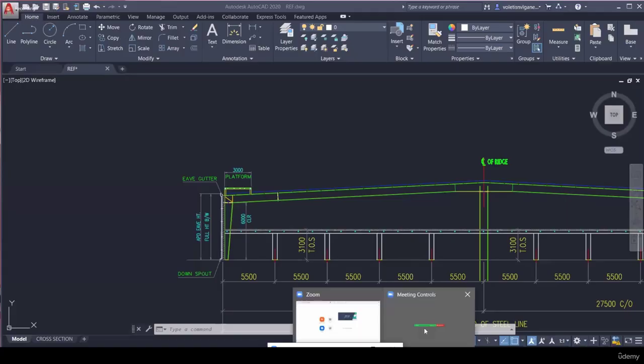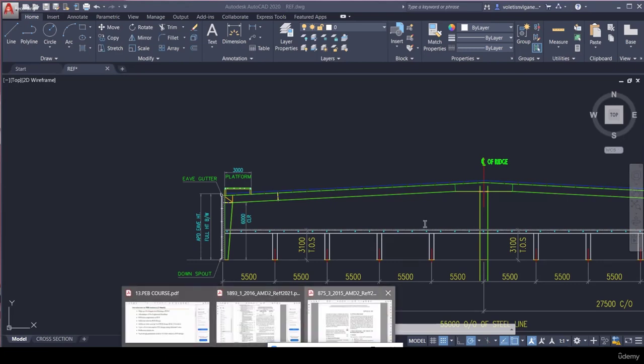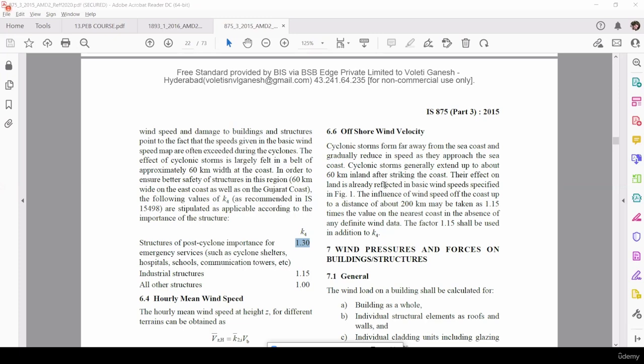And something in clause 6.6 you are asking about. Okay, fine. Yes, exactly.